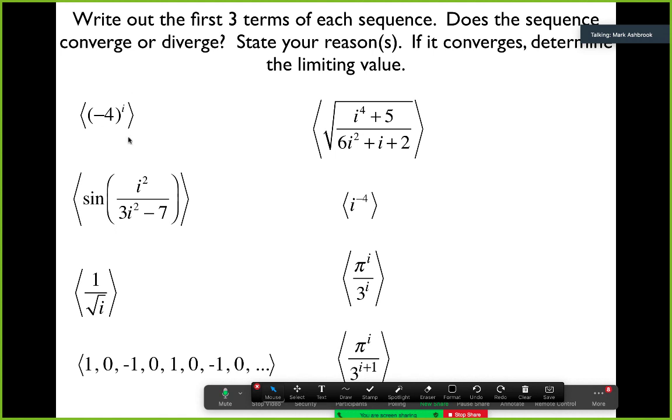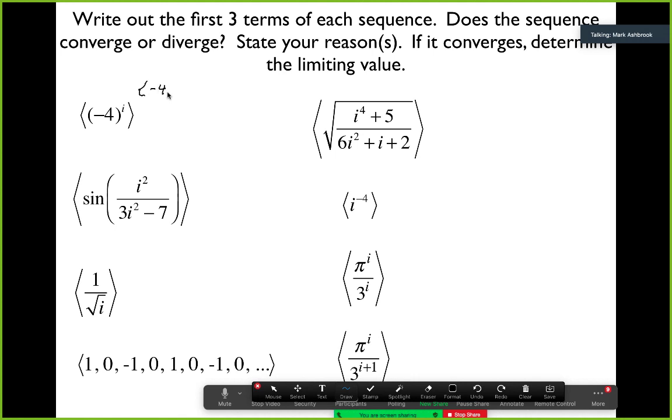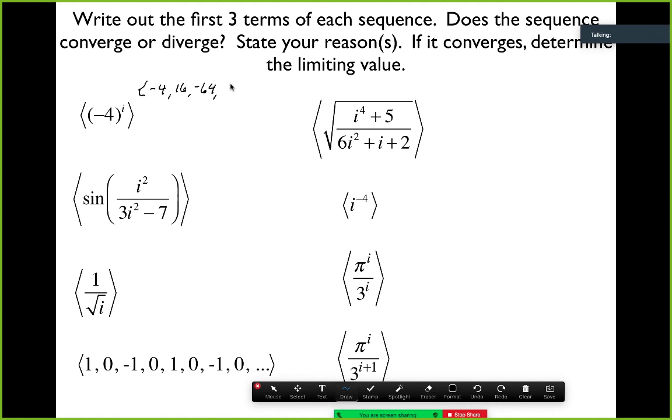Okay, so let's look at this first one. What do we see about that? Thinking about our toolbox. First of all, -4, 16, -64. What's next? 256. So what do we notice? What kind of sequence is this?